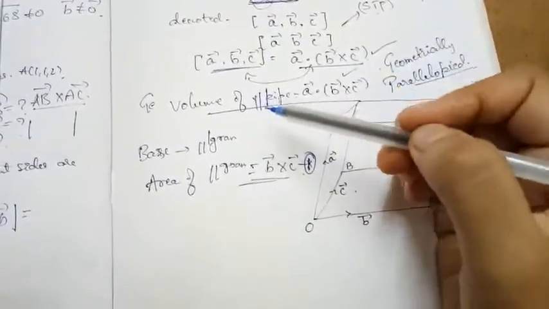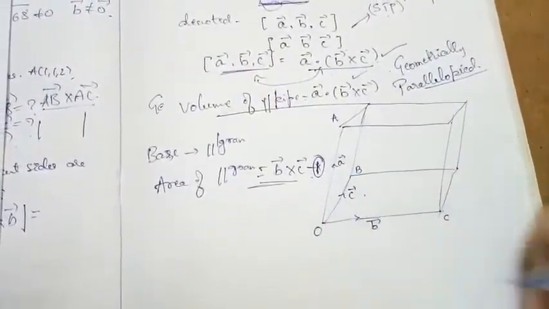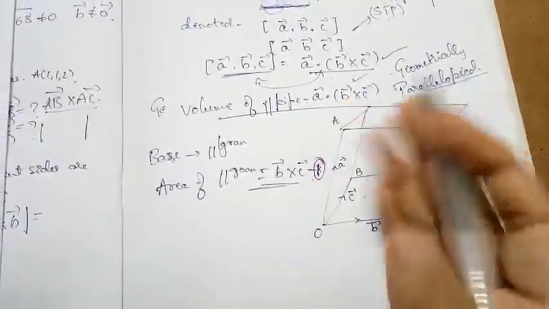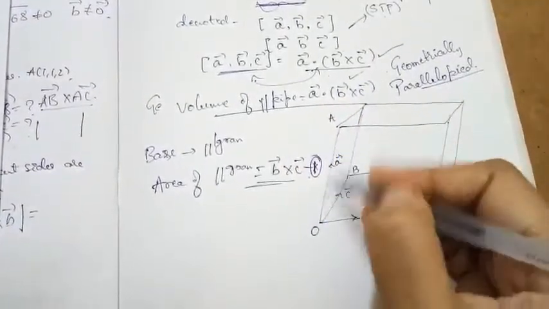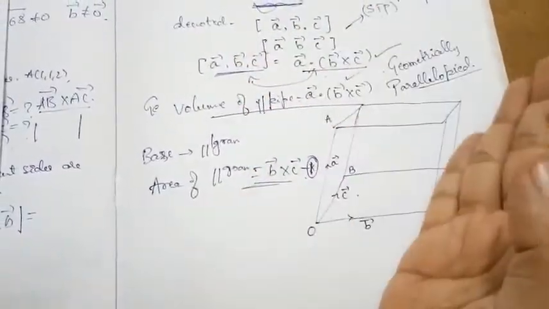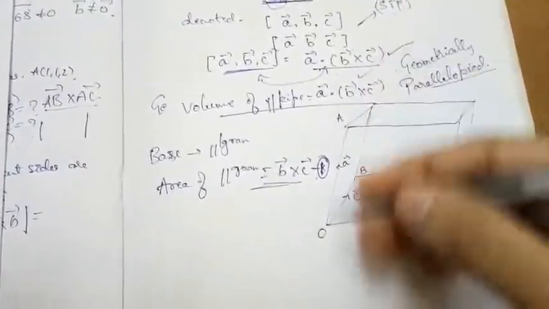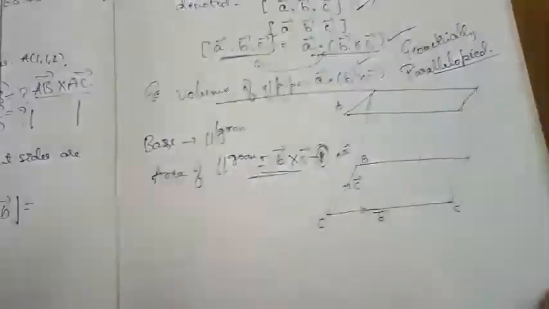To know the volume of a parallelepiped, obviously we should know the height. But here vector OA is a slanted one. We can't take the height as a slanted line. So we need something which is a perpendicular height. How are we going to get that perpendicular height?